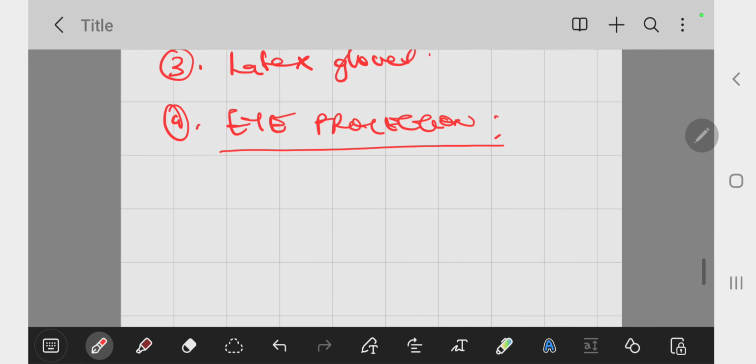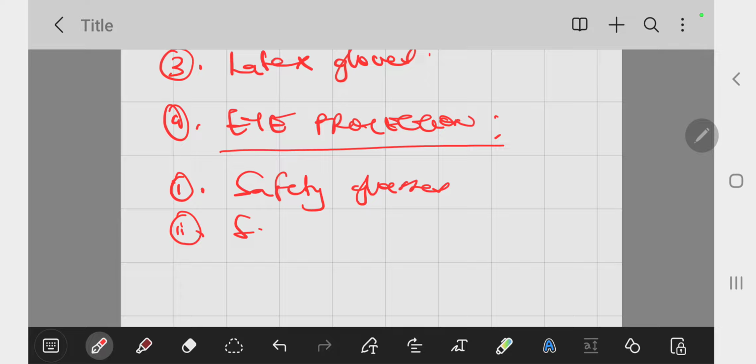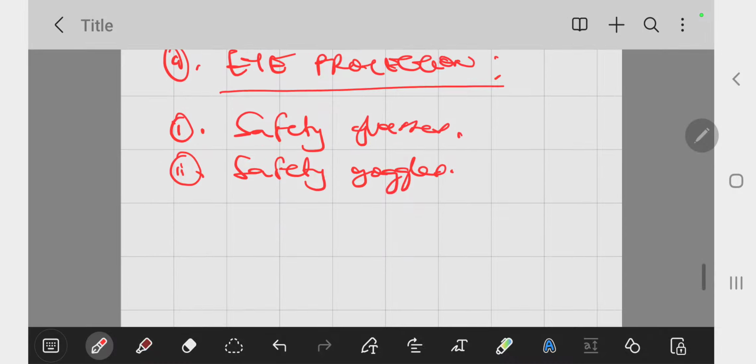Some of the most common ones which you meet out there in the workshop include safety glasses. Then number two, you can have safety goggles. There's a difference between safety glasses and safety goggles. If you want to see some pictures, you can look them up online.